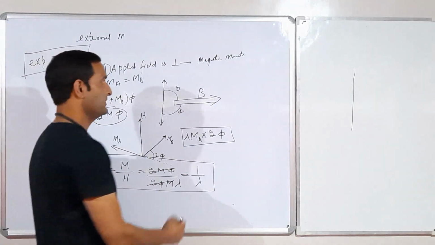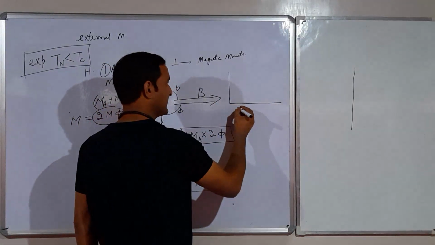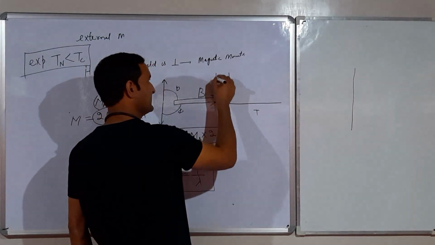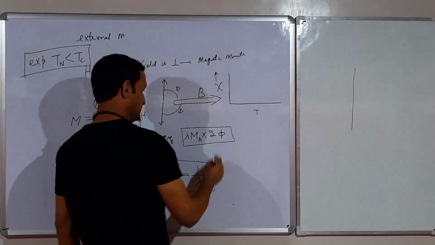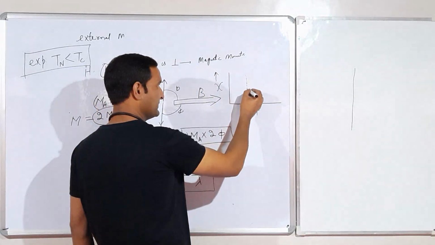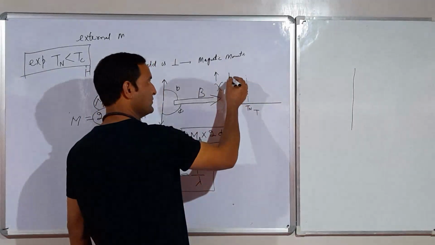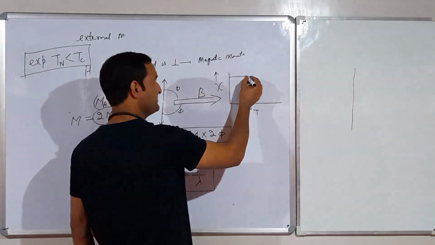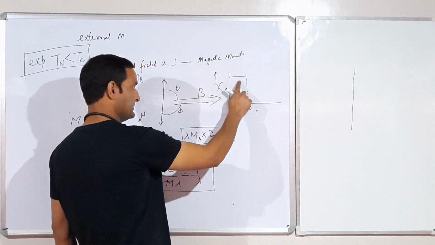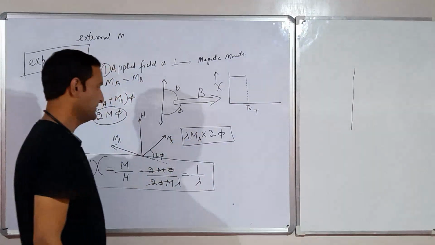If we plot this, here this is temperature and here this is chi, there is a constant value up to the Néel temperature TN. So the susceptibility up to TN will be constant, that is 1 divided by lambda, independent of temperature.